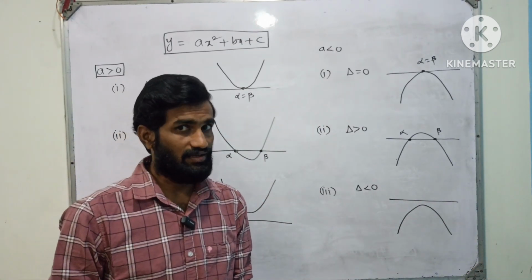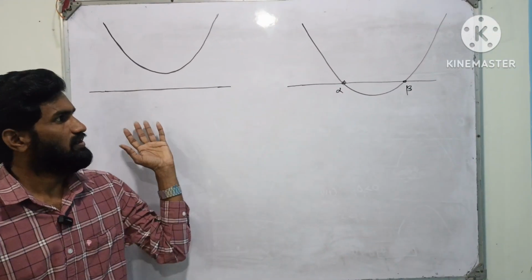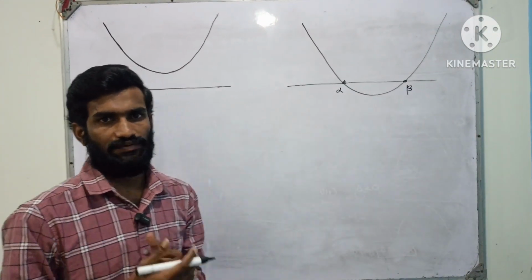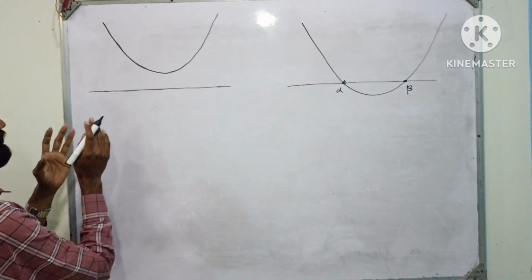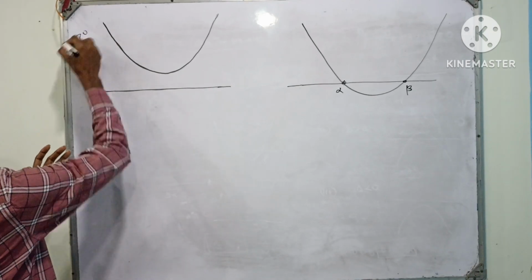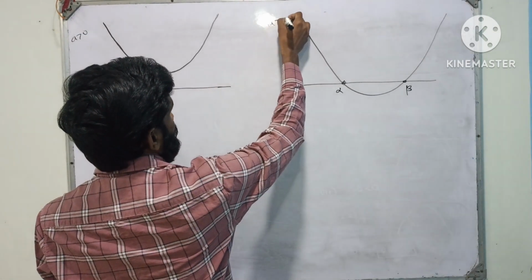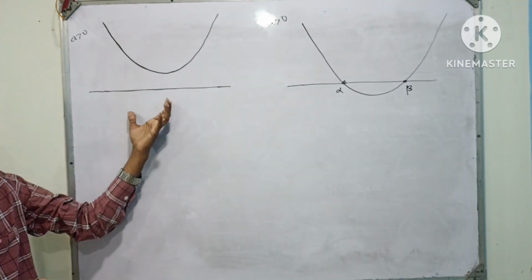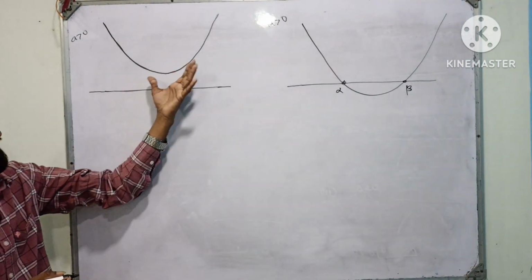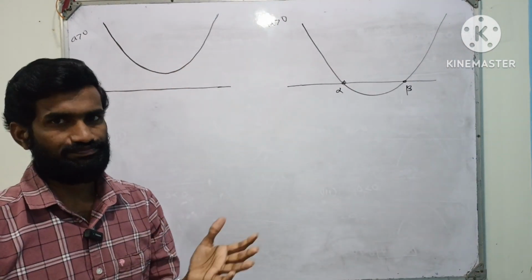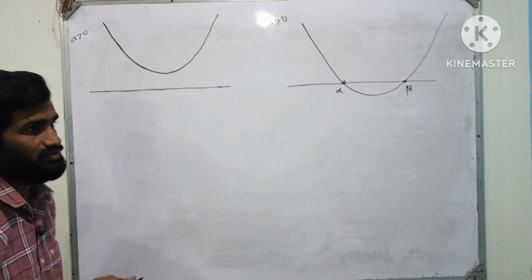Now we'll extend this concept. Observe these two graphs. Here a is greater than 0, and this is also a greater than 0. If you observe this graph, it is always positive. Why are we saying always positive?